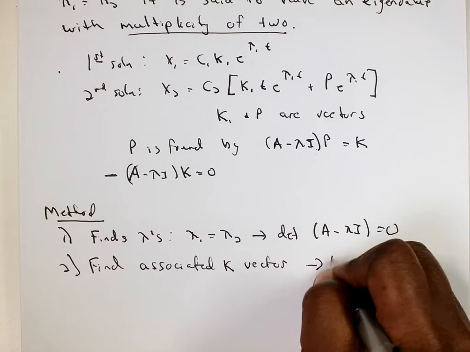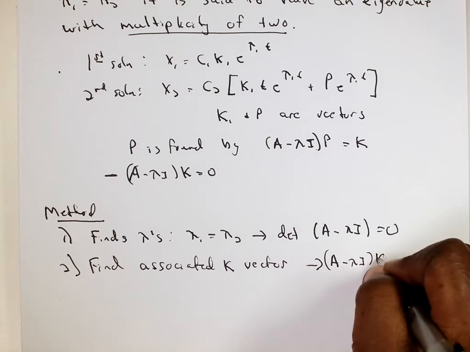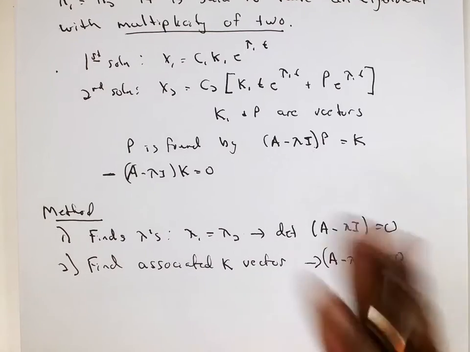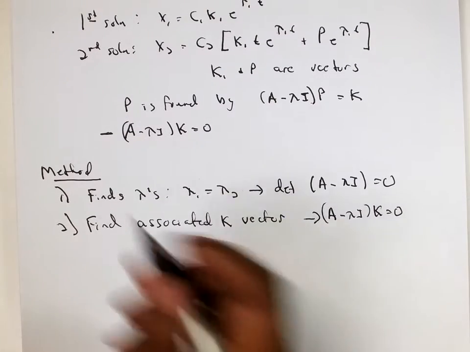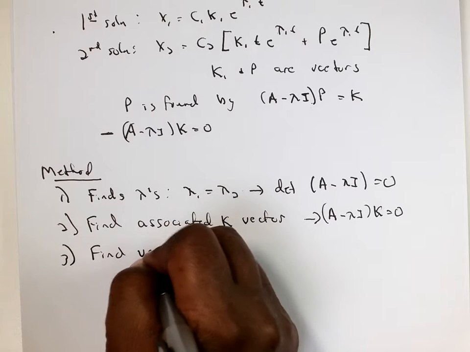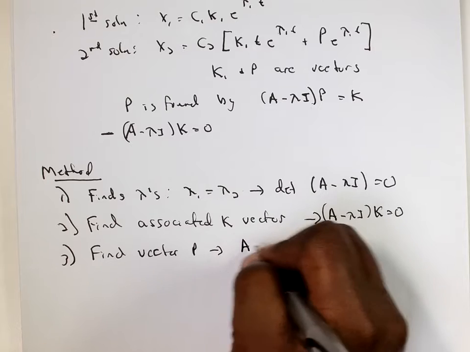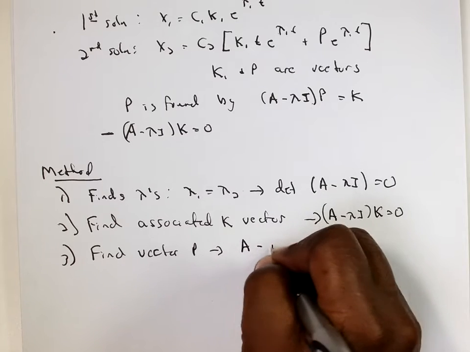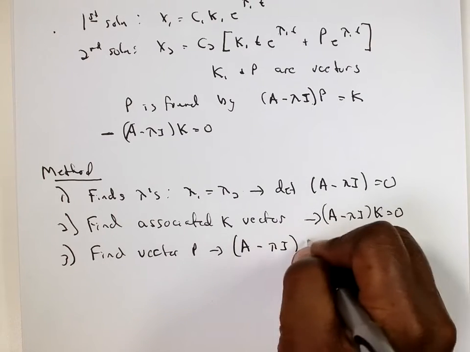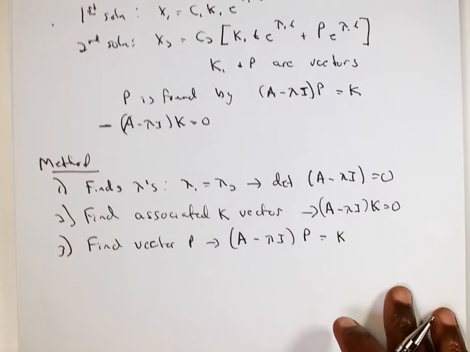And again, we found that by (A minus lambda I) times K is equal to 0. So again, it's exactly what we did in the other. And then we have to find vector p. We're going to take that (A minus lambda I), multiply it by p, and set it equal to K so we can find vector p.